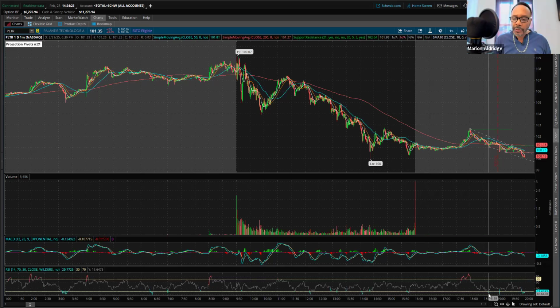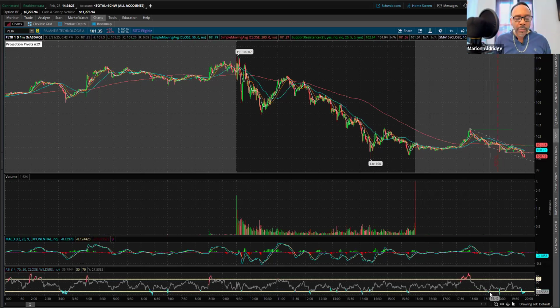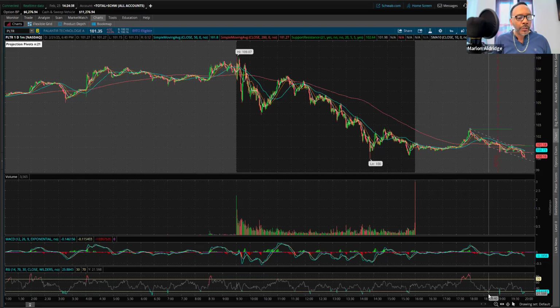This is a great opportunity to buy when it's down, but when the relative strength index is below 30, the stock or the share is considered oversold. And what will normally happen is the price is going to go back up.